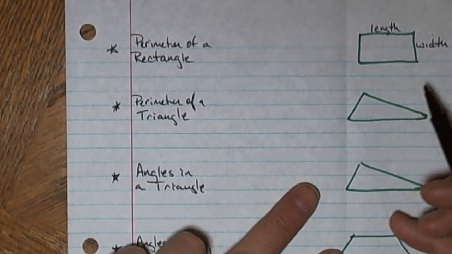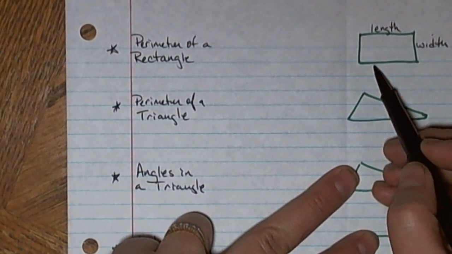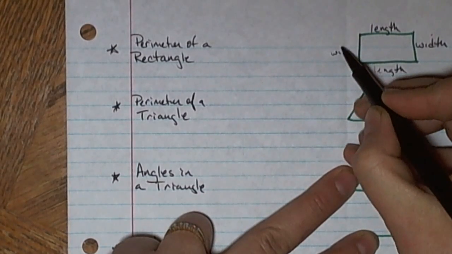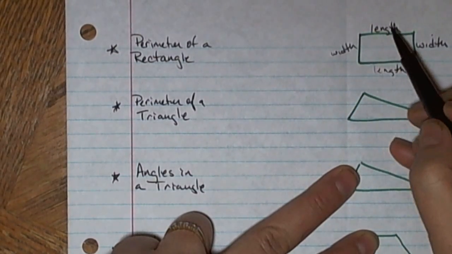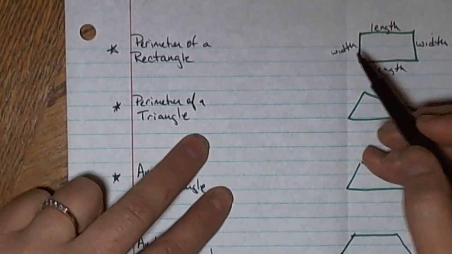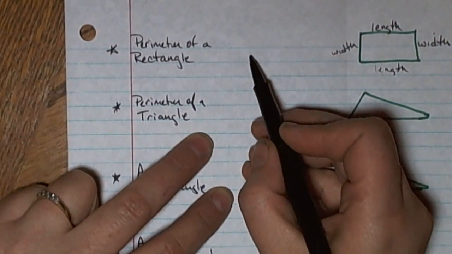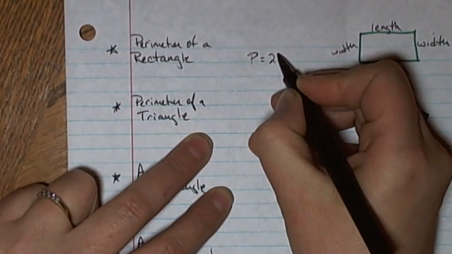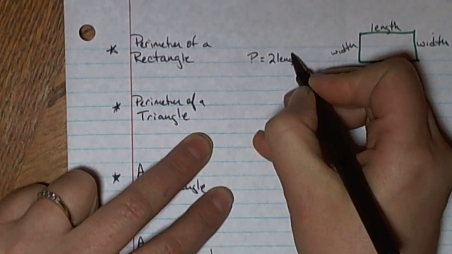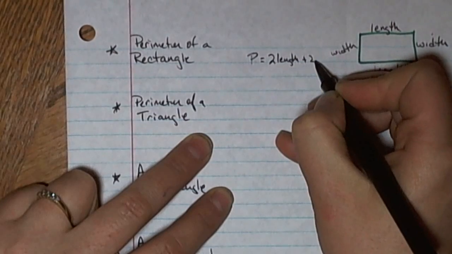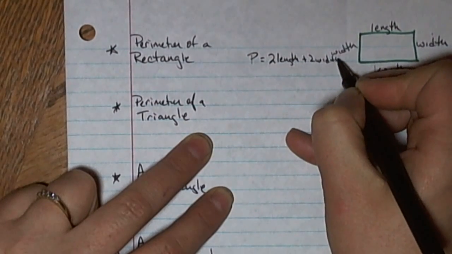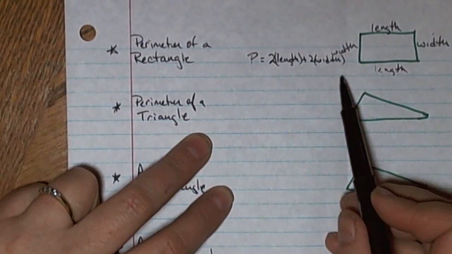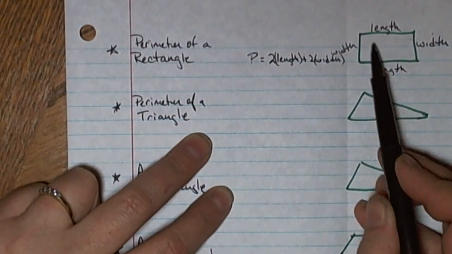For a rectangle, it will have 2 lengths and 2 widths, and I could just add them up, or I can use the formula which is often used. The perimeter of a rectangle is 2 times the length plus 2 times the width. So I have 2 lengths and 2 widths.